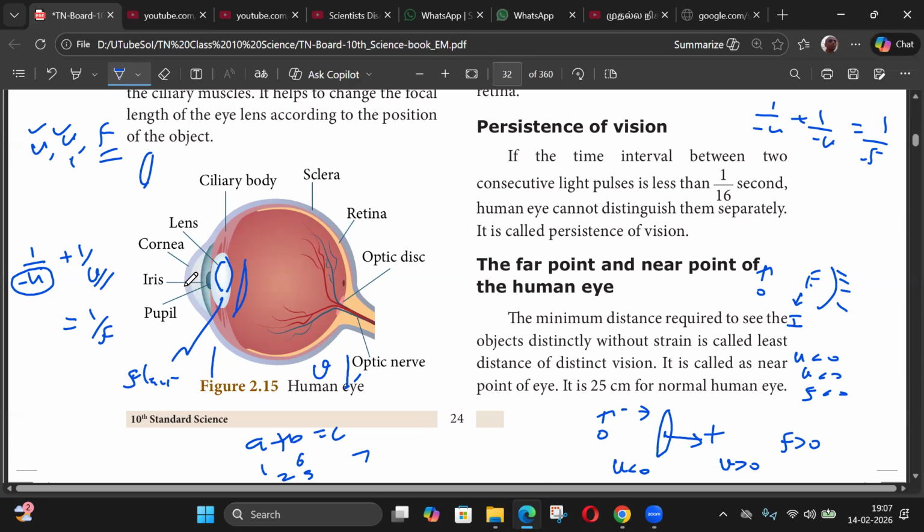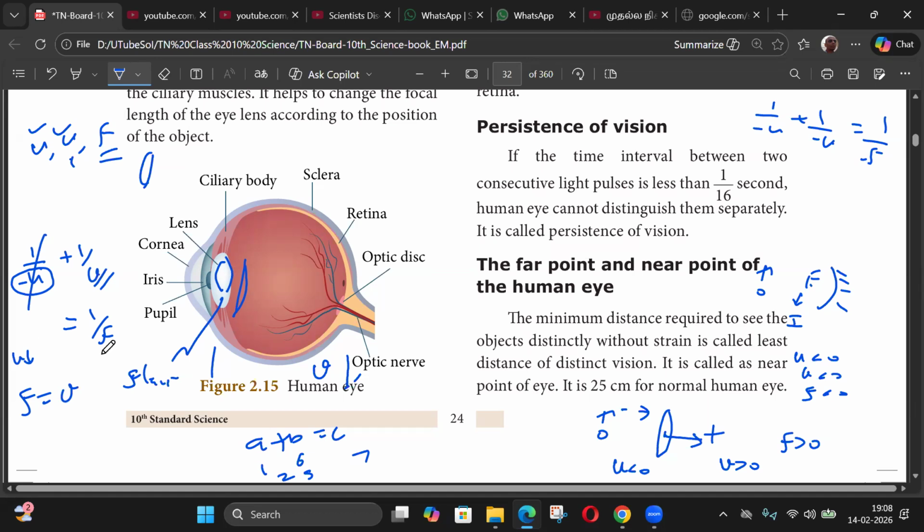That's why this eye lens has to work properly. If you're watching far away, the focus has to be different because U is large. V is fixed, so F should match with V. U is large, so this term will go, and 1 by V equals 1 by F. As you decrease U, the focal length has to change because V is fixed.